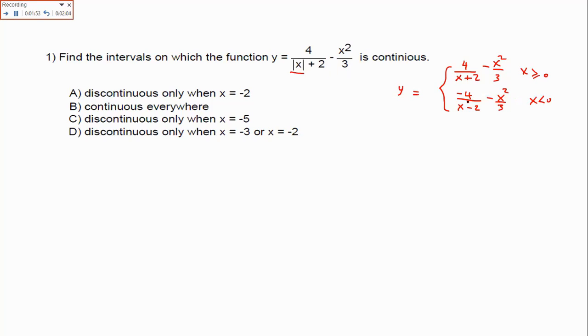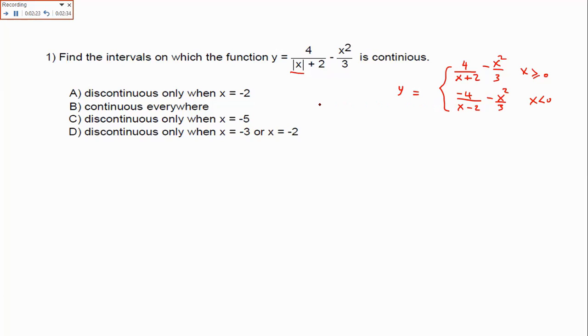Everybody sees why I did this? Because we have to use negative x here. So if we put negative x, I might as well put the negative over there, and I put x minus 2. So it's the same. Is everybody following? Yes, doctor.